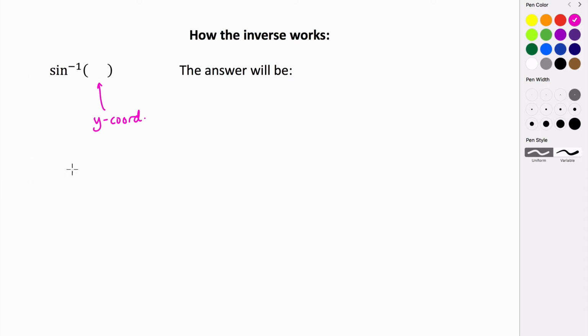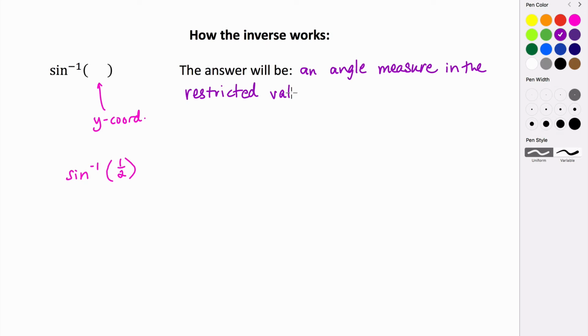So if we evaluate something like the inverse sine of 1/2, let's say, what's our result going to be? Well, the value that we're going to get as an output is going to be an angle measure, in the restricted domain, in the restricted values, that gives us a sine of 1/2.